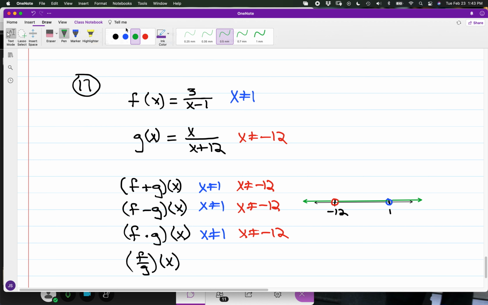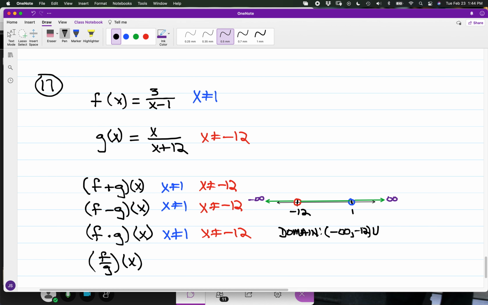Okay, so regarding the limits, for the sum, difference, and product functions, the domain is those values of x less than negative 12, along with those values of x between, but not including, negative 12 and 1.